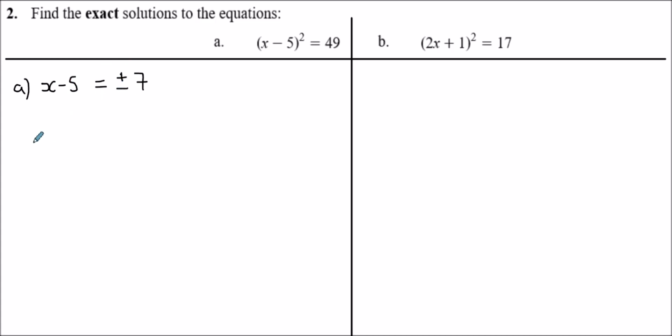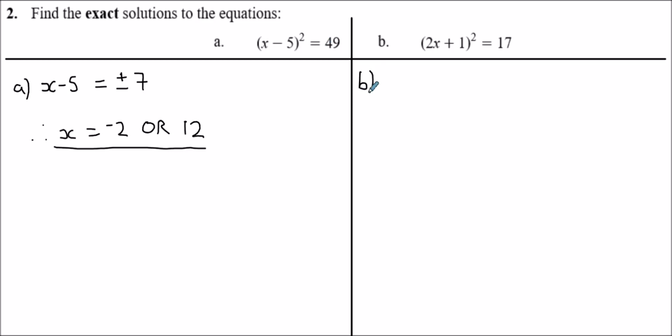So now based on that, we can say that either x is 5 minus 7, which is minus 2, or x is this 5 plus 7, which would be 12. Again, if you substitute minus 2 and 12 into this expression here, you should find that it does give a value of 49.